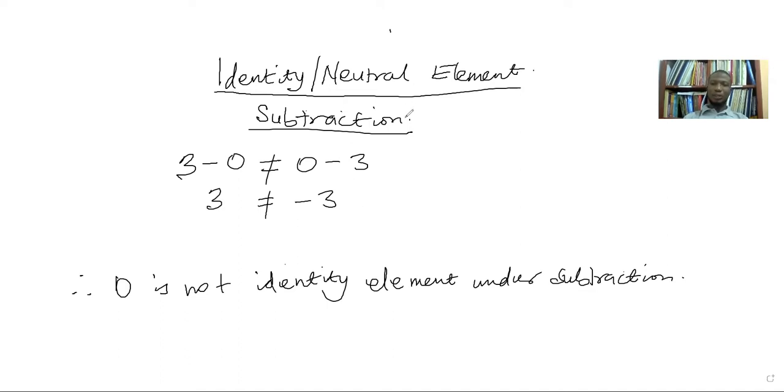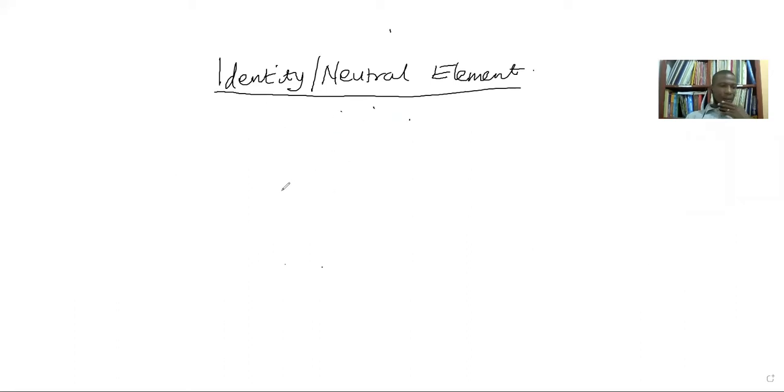Then we can go into identity elements under binary operations. Just as we did for multiplication and addition, under a binary operation we are saying that for any element E, which we shall call the identity element, when we combine it with another element, let's say A, we should get our A back.